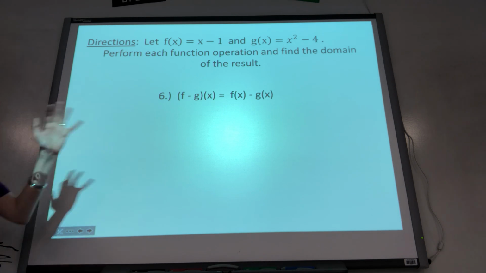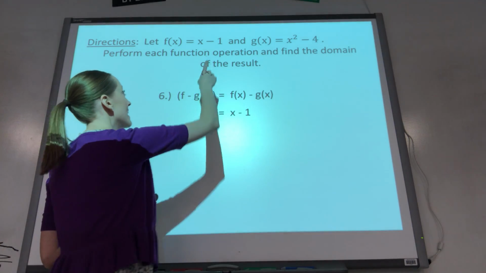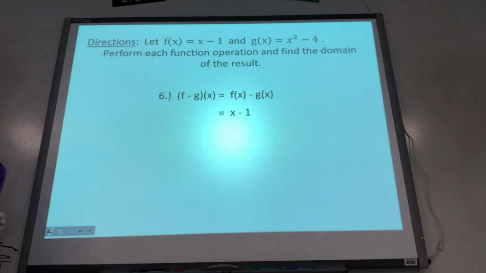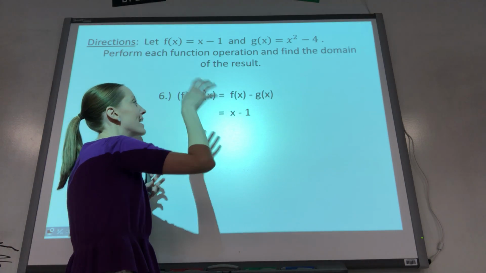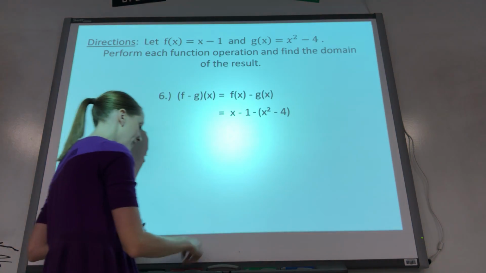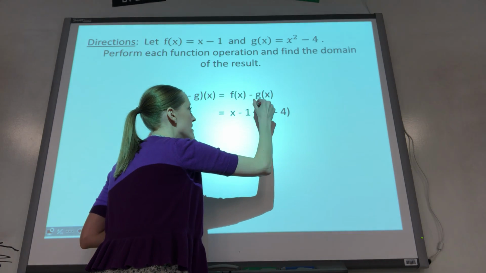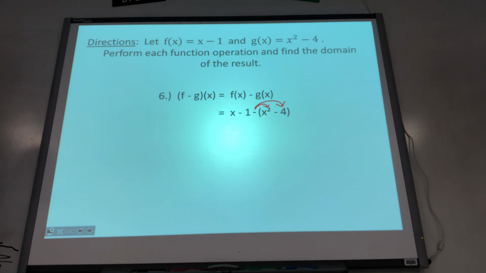Here comes something else I want to tell you about your quiz. The f of x can just go right here, but you have to subtract g of x. And because g of x is a quantity, you really need to put that quantity in parentheses because the minus sign is going to go to both of those terms.